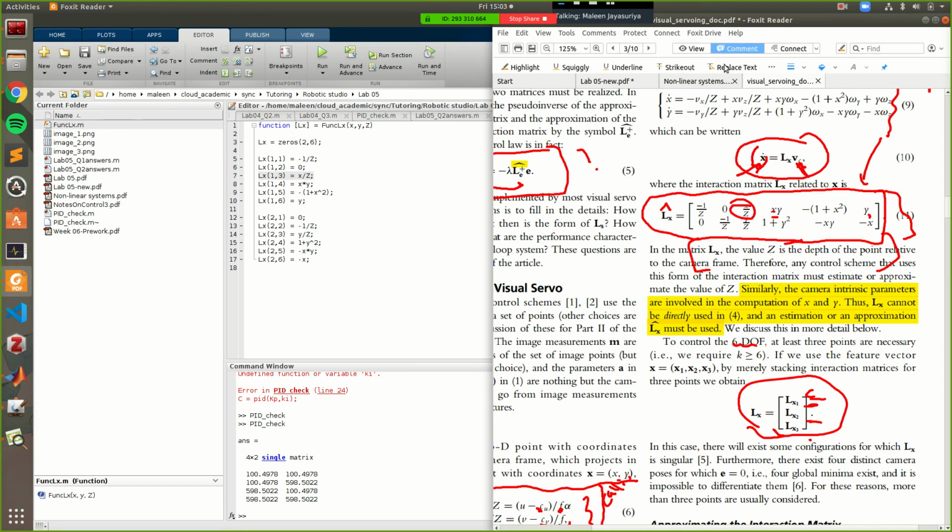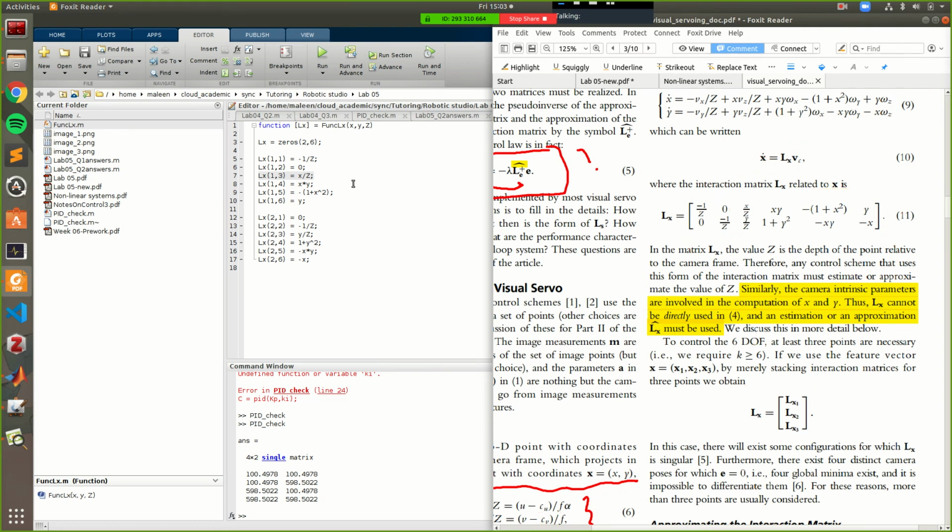So what I've done is, I've created a function. If you give the x, y, and z values, it will give you the LX value, right? Basically this value, right? So I've just created this matrix in this function.